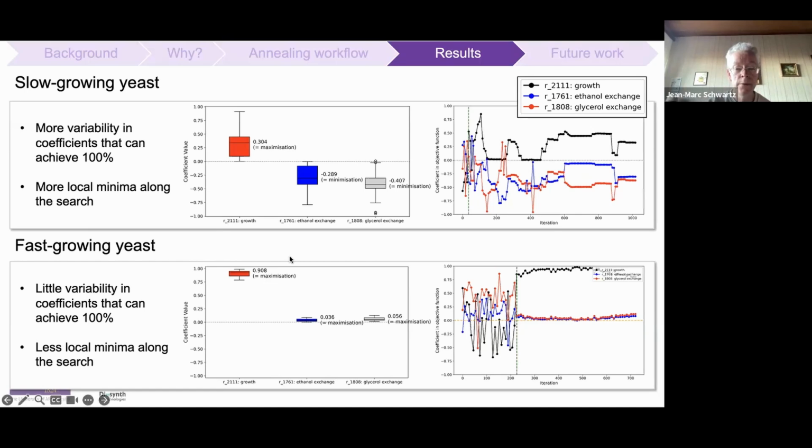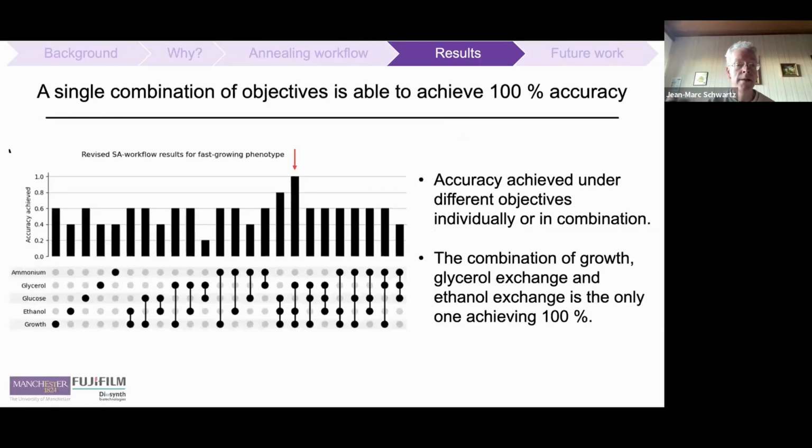It always ends up with about 90% of growth and a small amount of ethanol exchange and glycerol exchange, about 4-5% of each of the two others. And this is another way to look at these results.